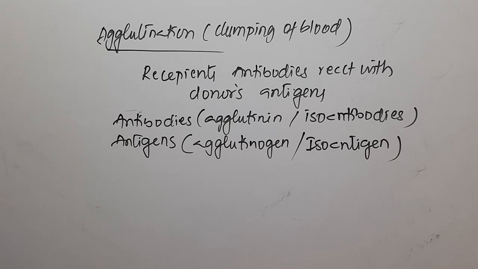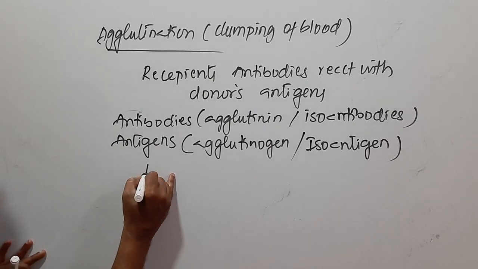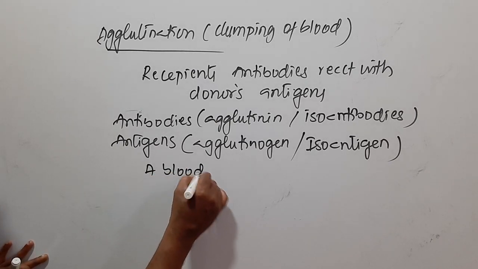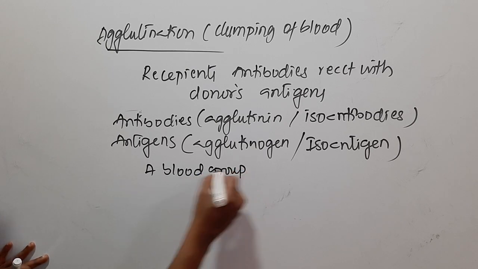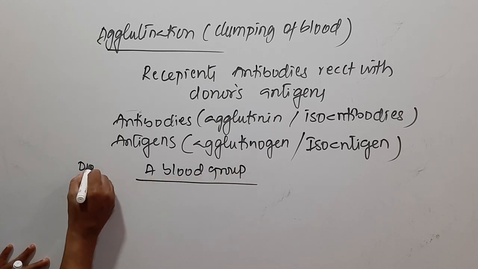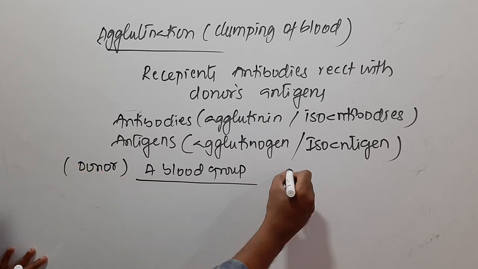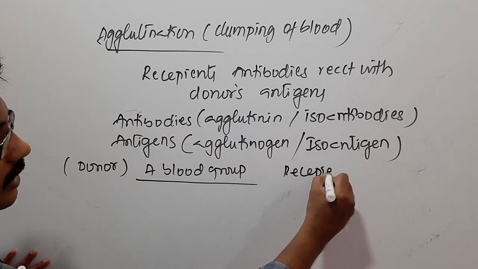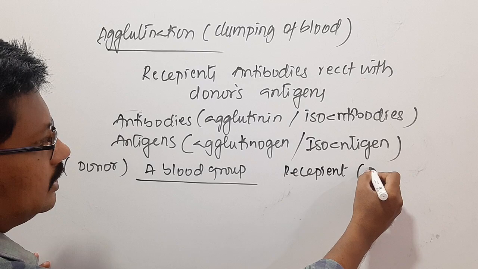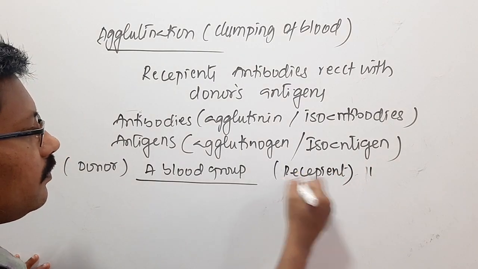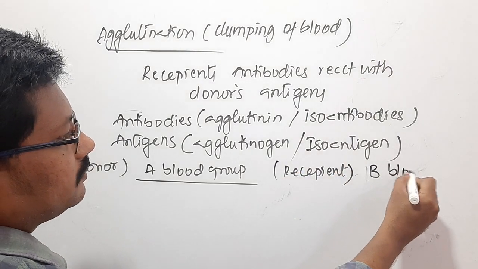Now suppose a person with A blood group is the donor and the recipient is a B blood group person.